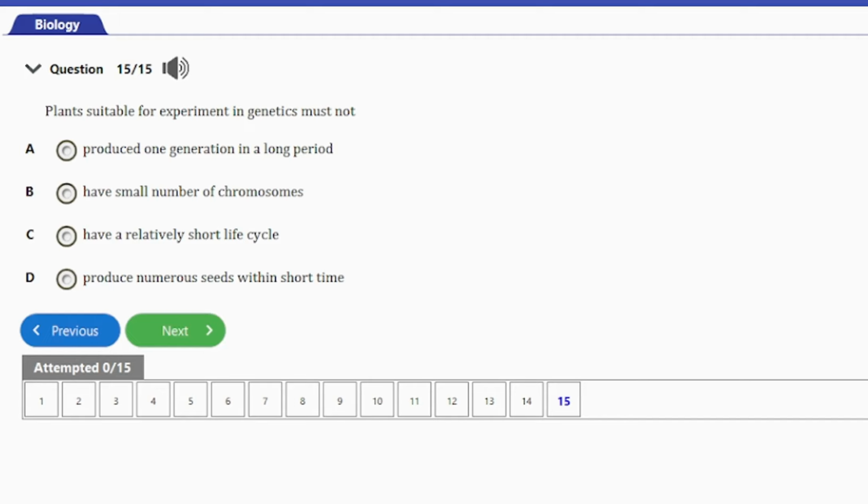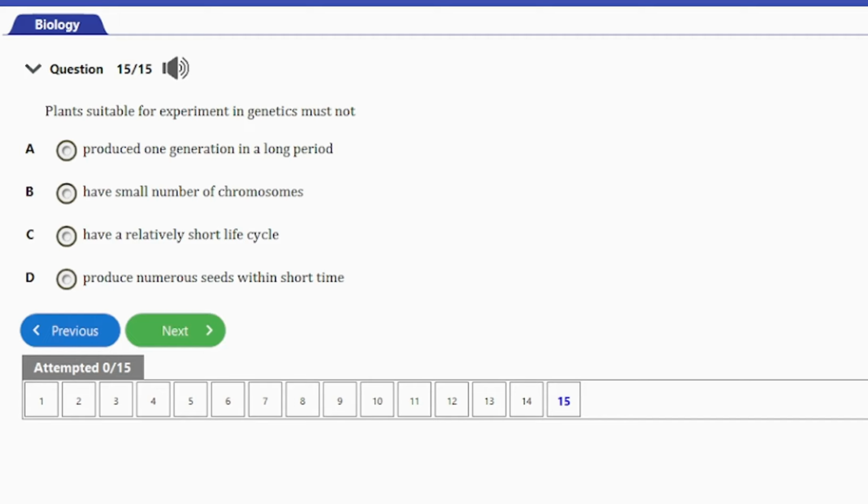So guys, plants suitable for experiments in genetics should not produce one generation in a long period. So this is because in genetic experiments, we often require multiple generations to observe pattern of inheritance and genetic variation.